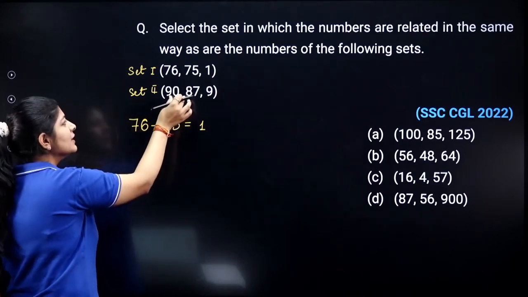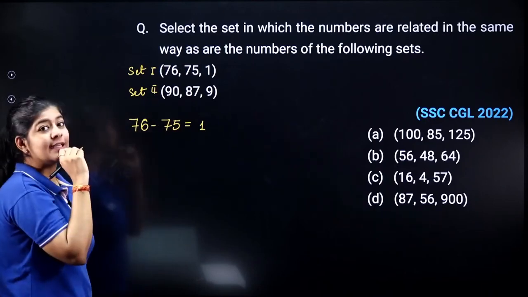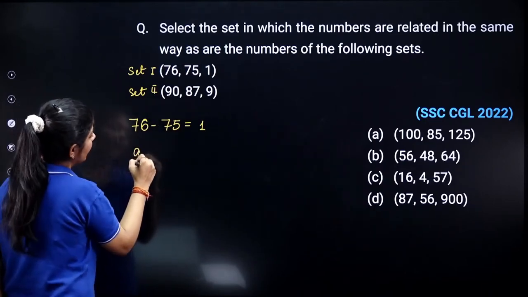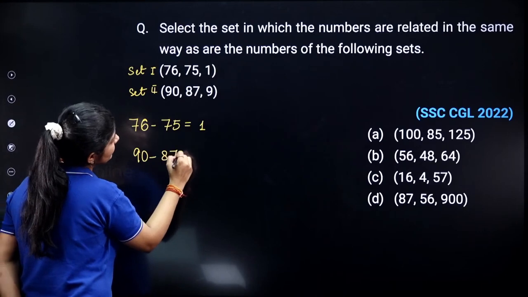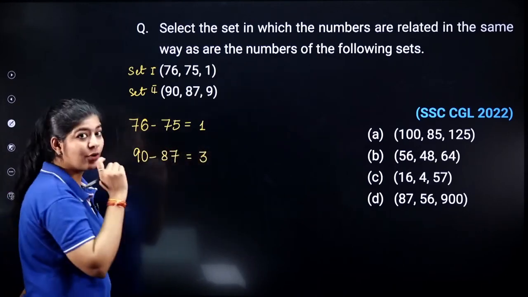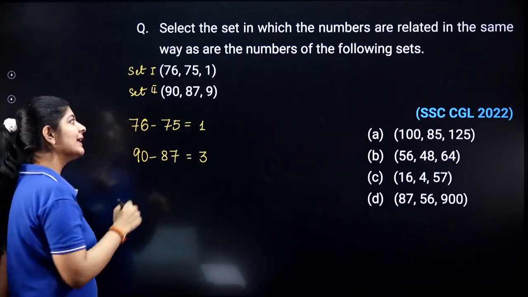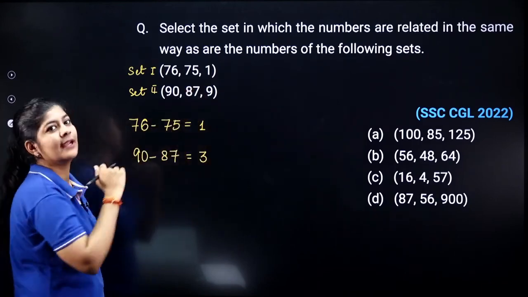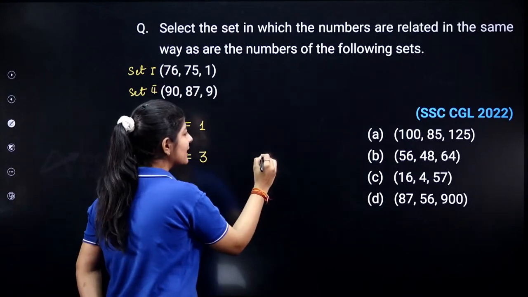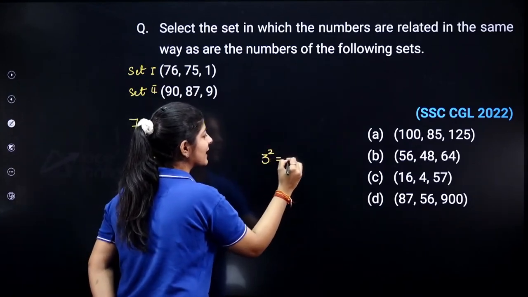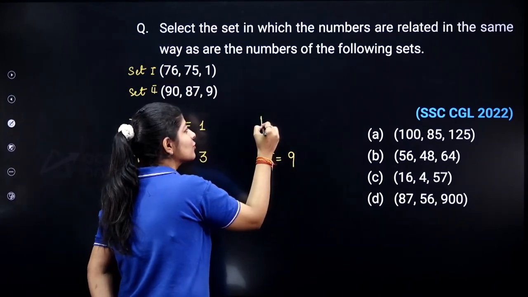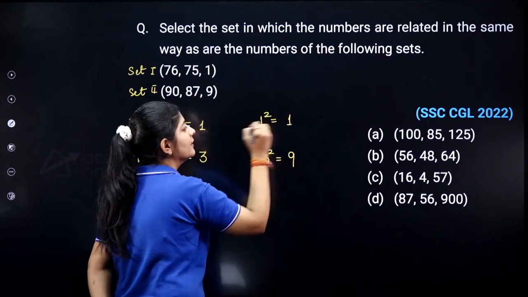But when I do the subtraction over here in set second, 90 minus 87, this time I am getting 3, not 9. But when I see this 3 now, I know that I can connect this 3 with 9. How? Because I know that the square of 3 is nothing but 9. Similarly, the square of 1 is nothing but 1.